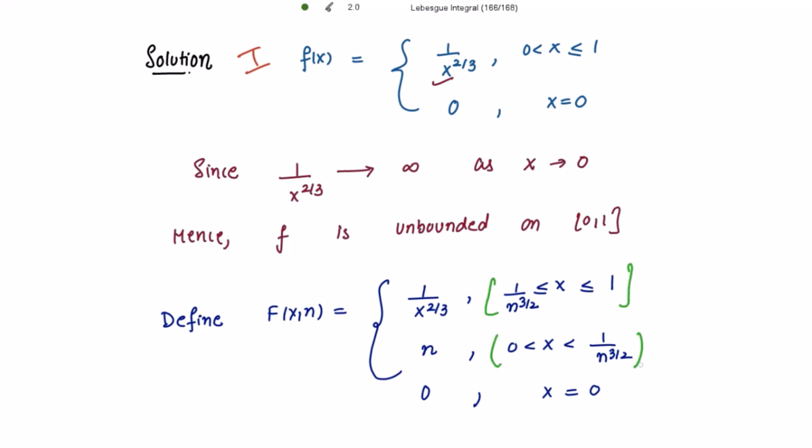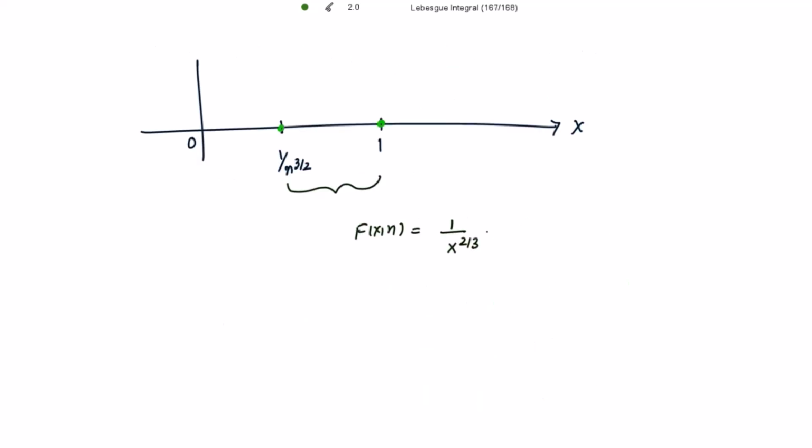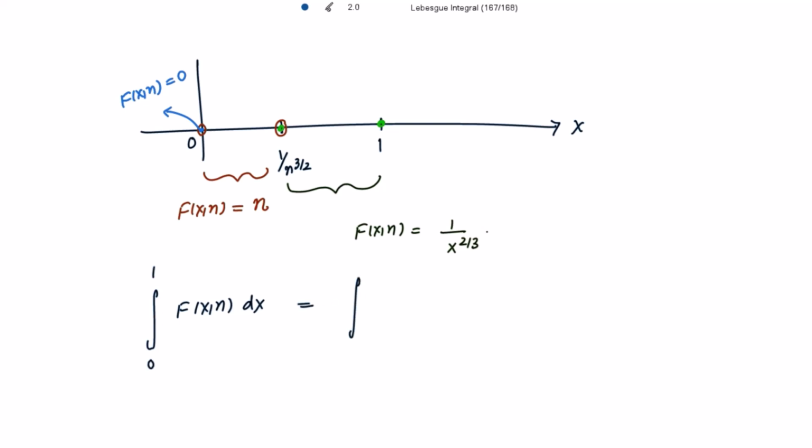This is an open interval, so we are not including the points 0 and 1 divided by n to the power 3/2, for which f_n(x) equals n. And for x equal to 0, f_n(x) equals 0. So we are going to integrate f_n(x) dx from 0 to 1, which equals the integration from 0 to this point.